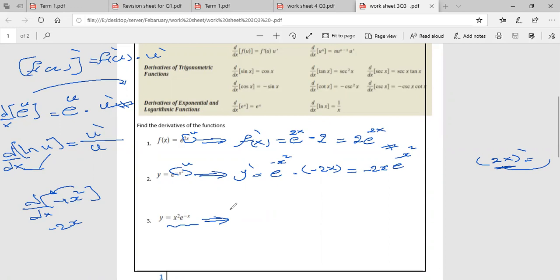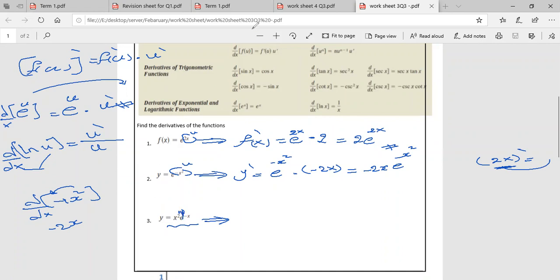Latifa. Okay, Karim, go ahead. Which rule will apply? y prime equals x squared. Karim, here we have what?